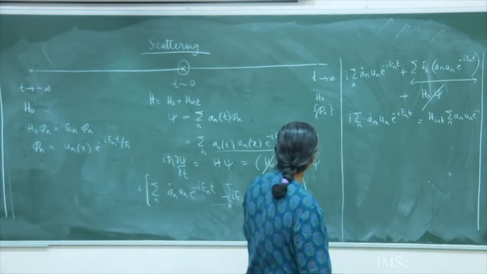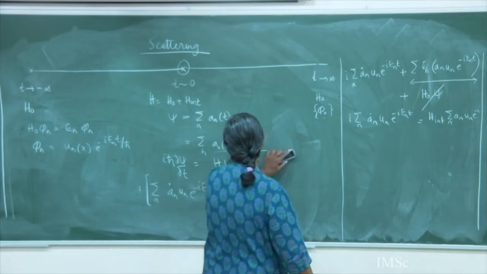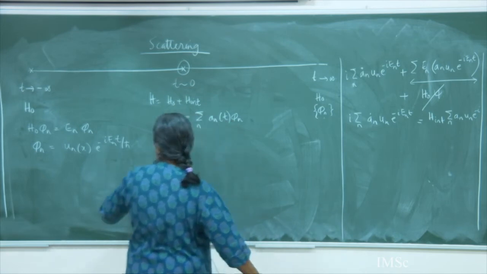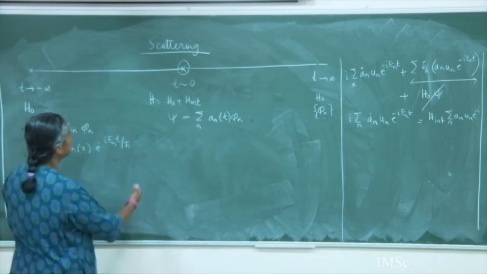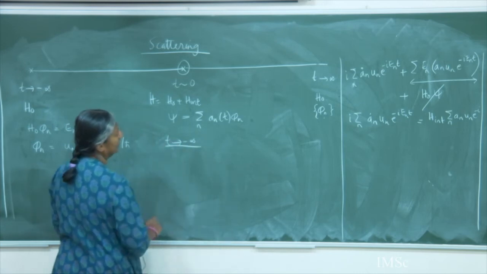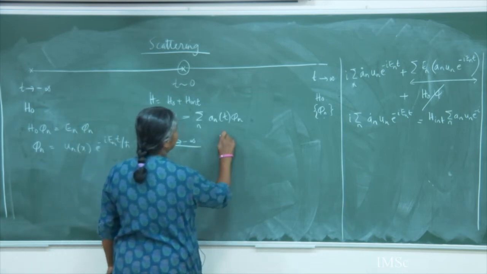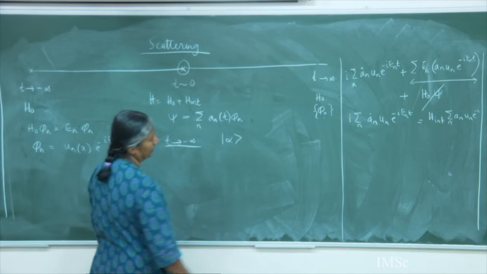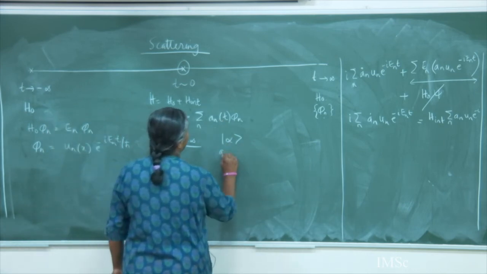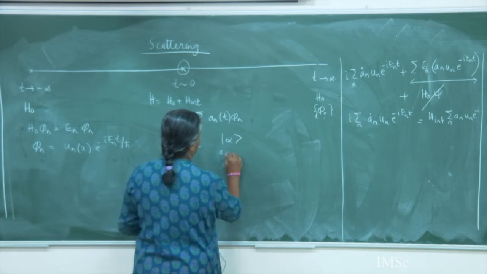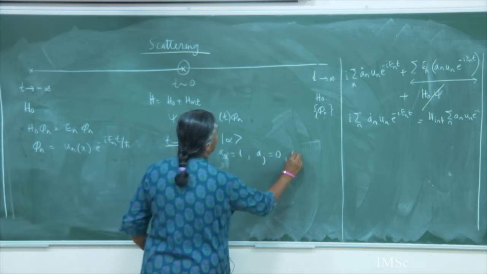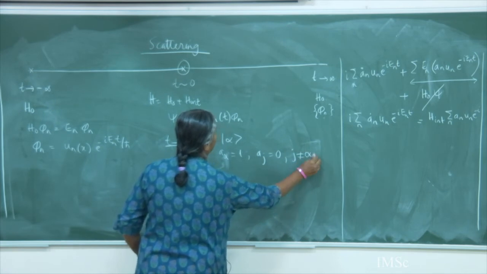Now what I want to do is find the a n's. That is the whole point of this exercise. Let us say that at t minus infinity, or before the scattering occurred, the system was in a state alpha. What does it mean? a alpha is equal to 1, a j is equal to 0 for j not equal to alpha.